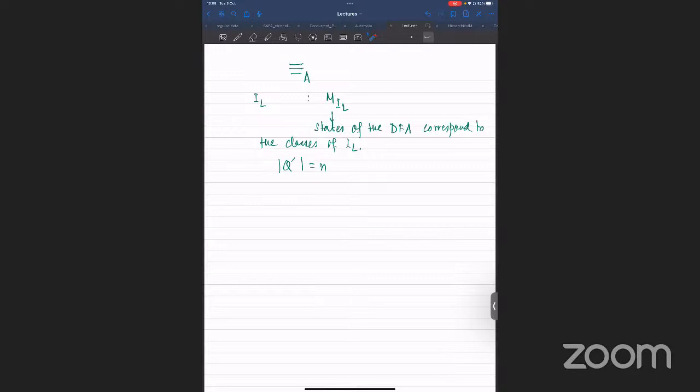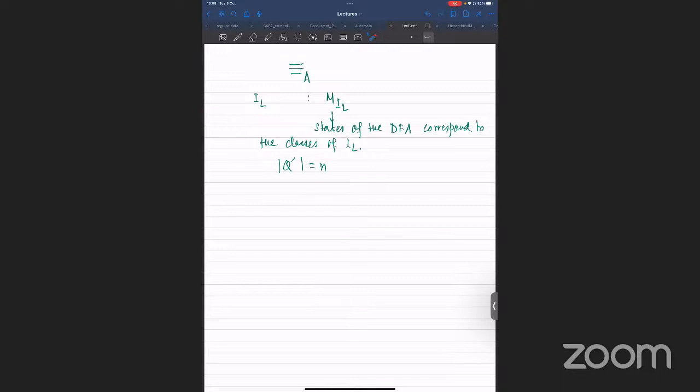It's all because after the reduced procedure, the states that you are getting correspond to the classes of the indistinguishability relation. And since the number of classes of the indistinguishability relation corresponds to the least number of states of a DFA accepting the same language, the reduced procedure gives you a DFA with the smallest number of states. Any question? Okay. Good.